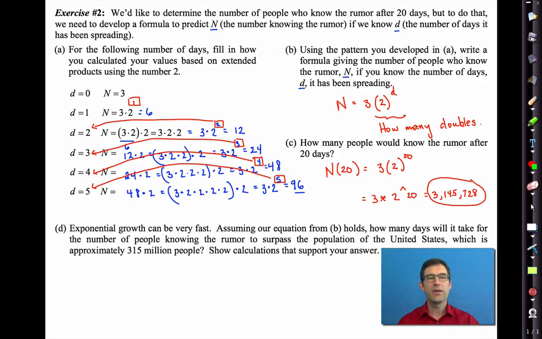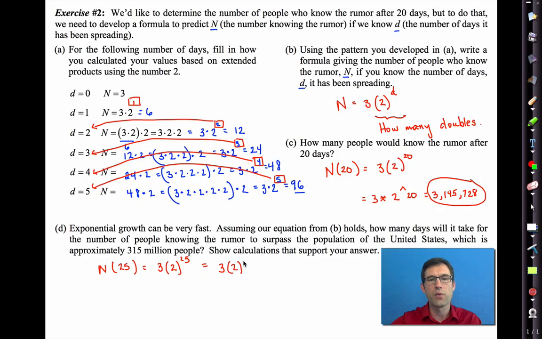All right, well, here's what I found. In Algebra 2, you're going to find algebraic ways of doing this, but right now we just do it by guess and check. If I evaluate the number of people after 25 days who know the rumor, 3 times 2 to the 25th, and again, in your calculator, you can put that in a variety of ways.